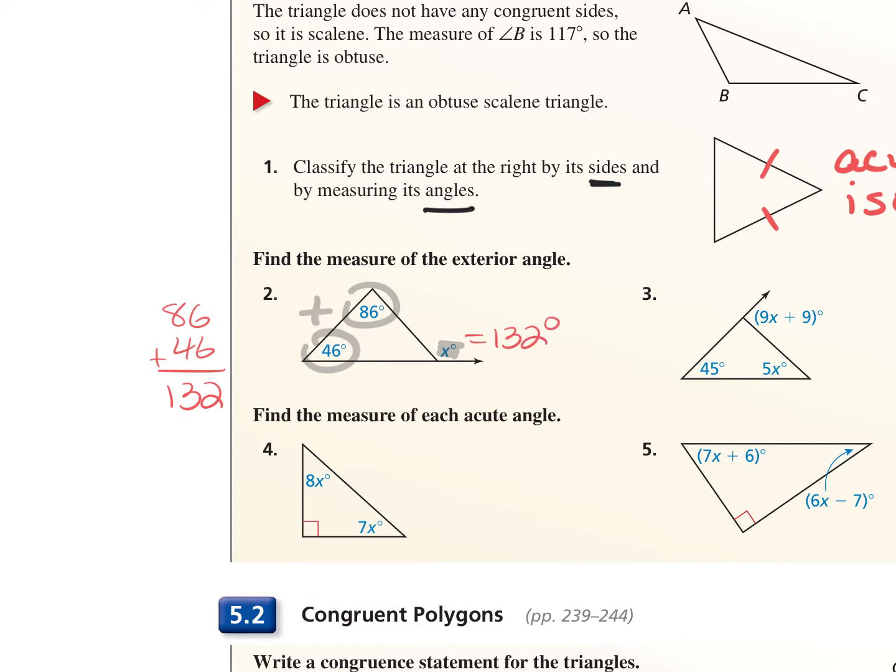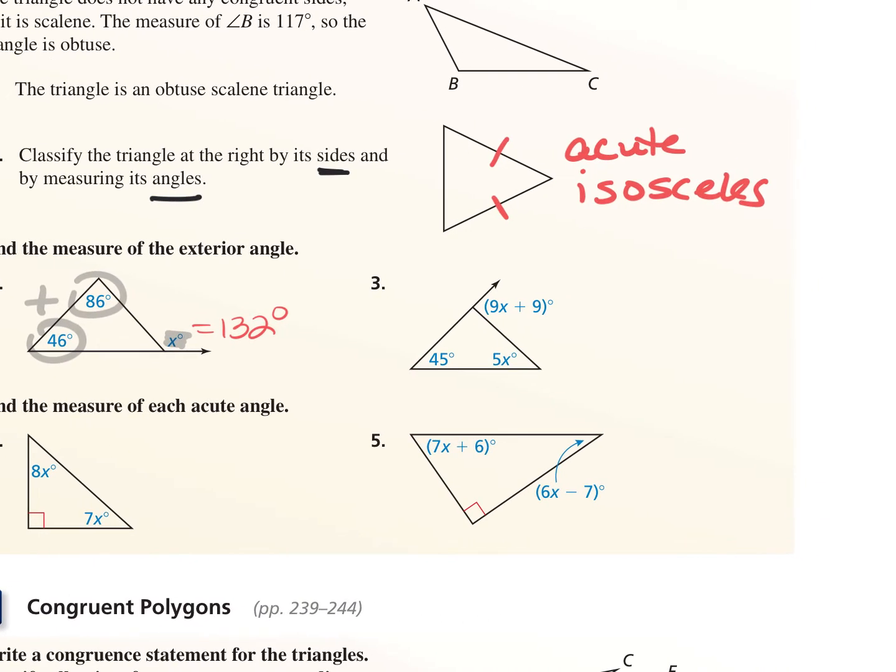I'm going to do exactly the same thing on number 3, but instead of just angle measures in degrees, I've got expressions that I need to solve. So I'm going to set up an algebraic equation. And again, the sum of these 2 remote non-adjacent interior angles, when I add them, is going to equal the exterior angle. So the equation I'm going to set up to solve is 45 plus 5x equals 9x plus 9.